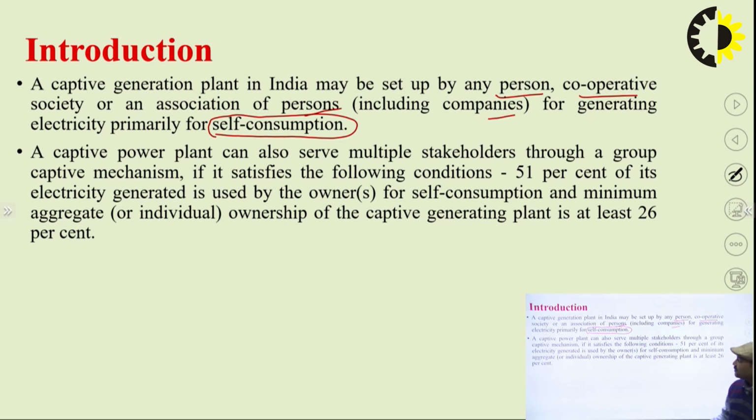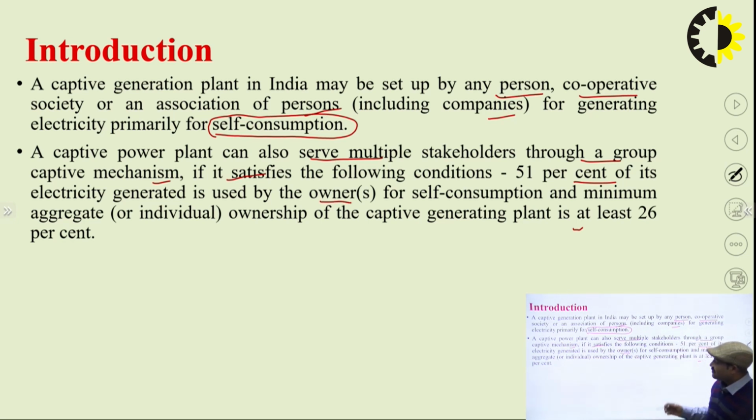A captive power plant can also serve multiple stakeholders through a group captive mechanism if it satisfies the following conditions: 51% of the electricity generated is used by the owner.